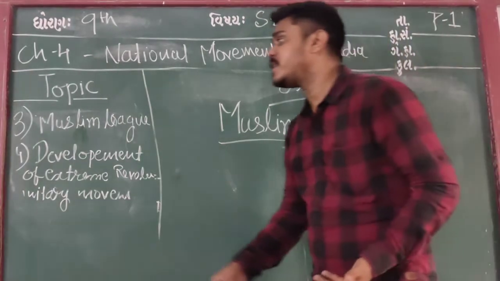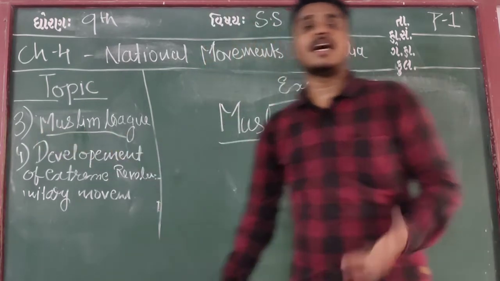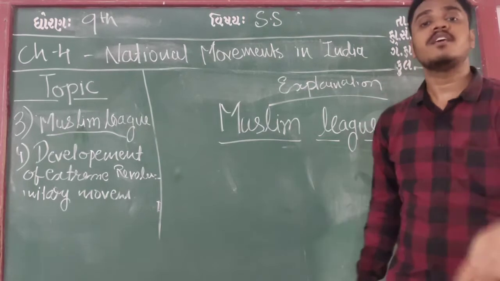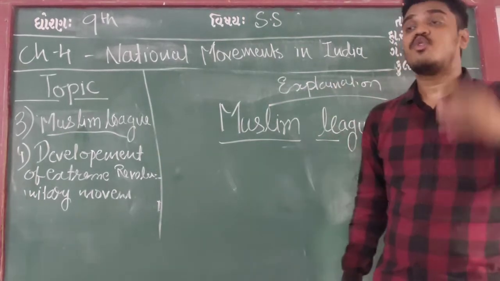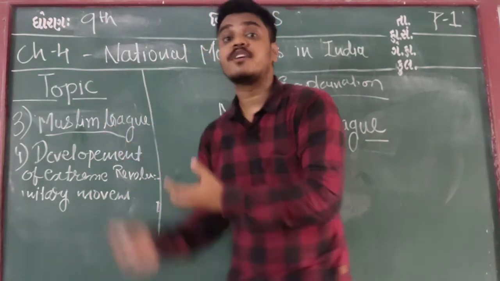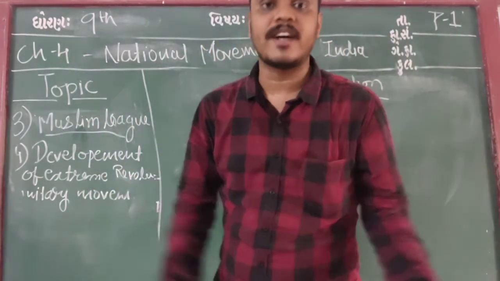As you can see from the words Muslim League, it means a league formed and prepared only for Muslims. So what kind of thought was generated in Indians by this? The Britishers took advantage of this.